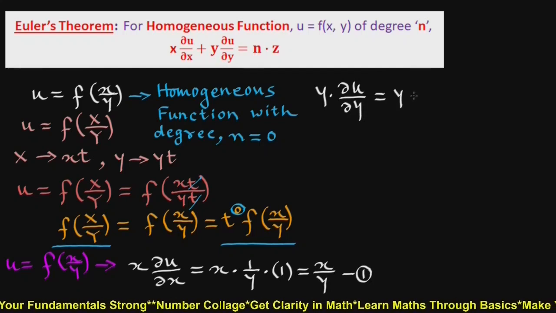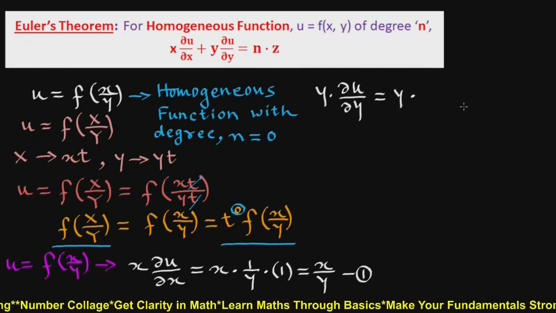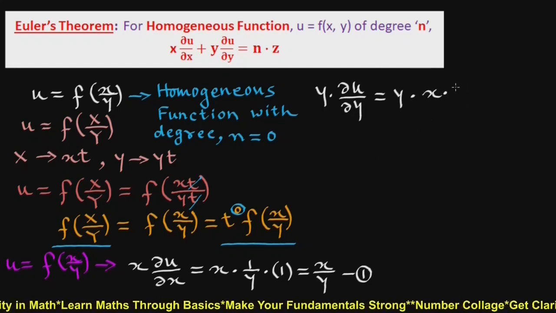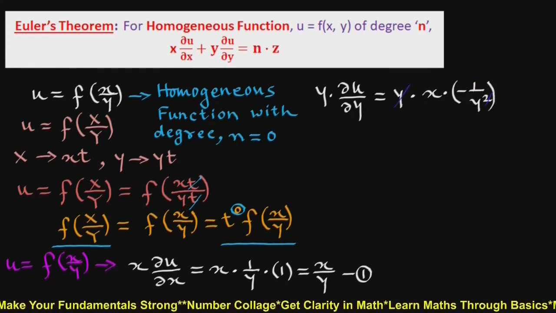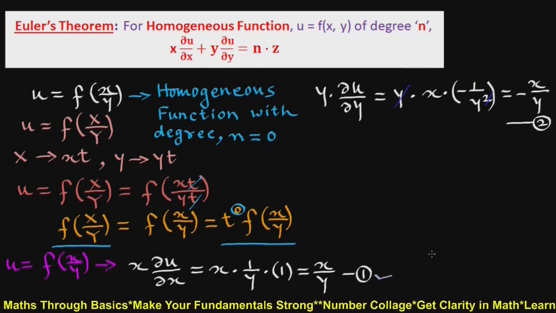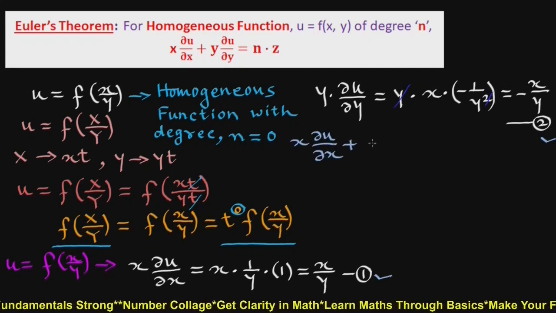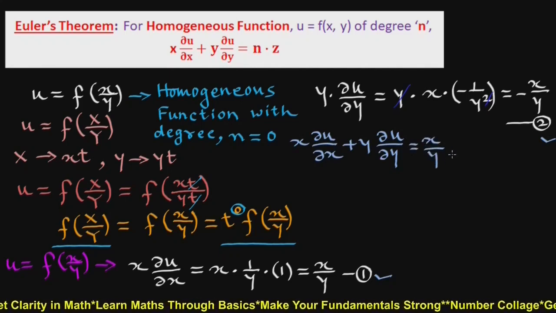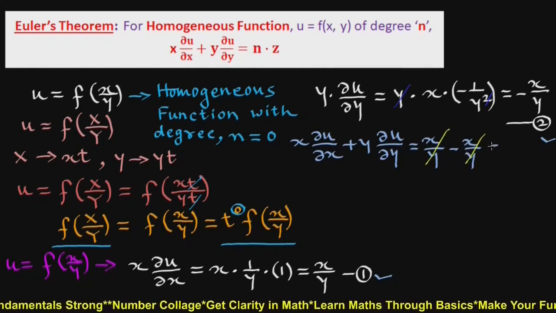That will be y into the partial derivative of u with respect to y, which will be x into the derivative of 1 upon y with respect to y, minus 1 upon y square. After cancelling y, we get minus x upon y. We name this 2. Now, from 1 and 2, we write x ∂u/∂x plus y ∂u/∂y equals, from 1, x upon y, from 2, minus x upon y. Cancelling, we will get 0.